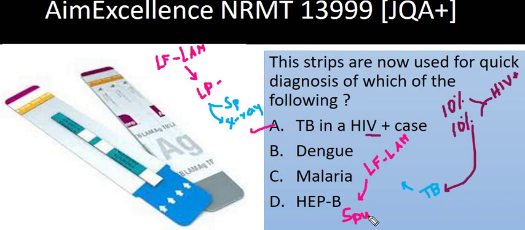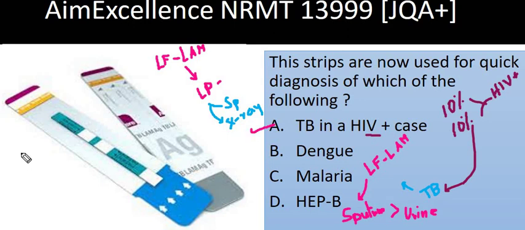And the second important point is that it actually gives the result, whether it is positive or negative, within minutes. So these are the two important factors which help it as a point of care test in a case of TB, particularly in a HIV positive case.